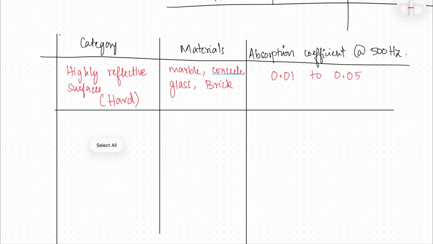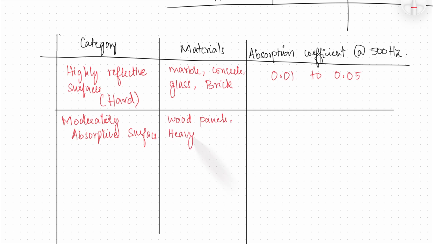Then you have moderately absorptive surfaces like wood panels, heavy curtains, human body.